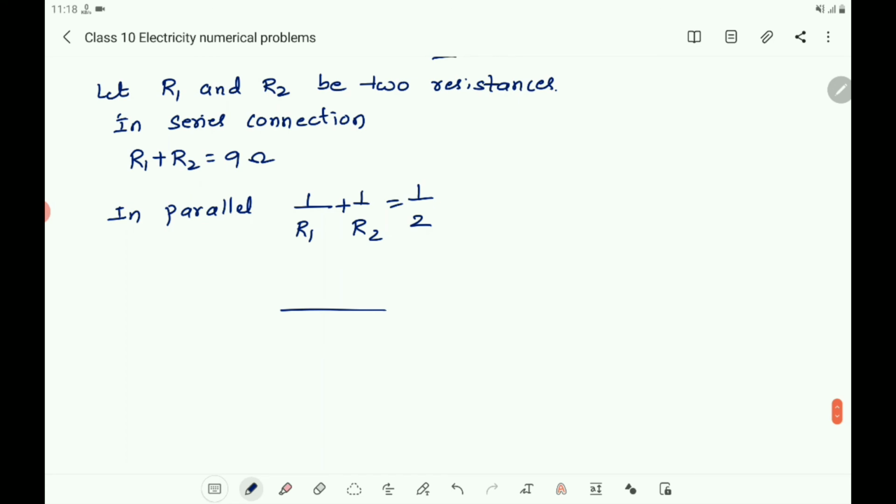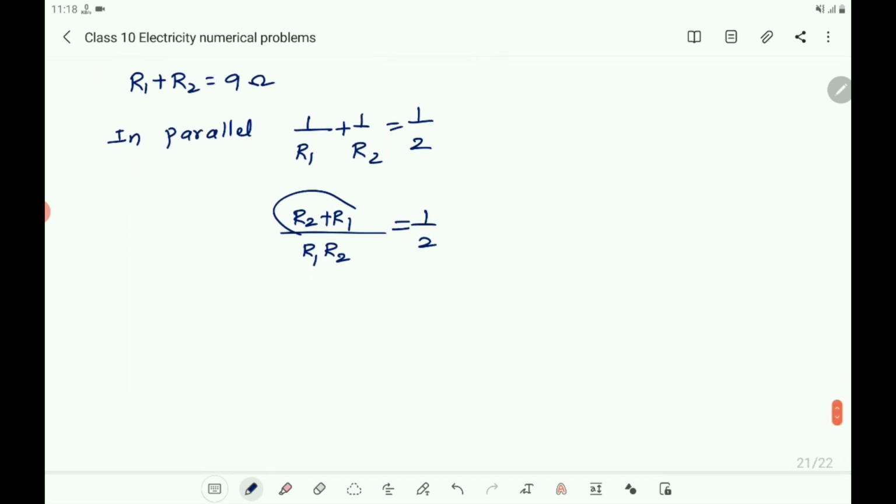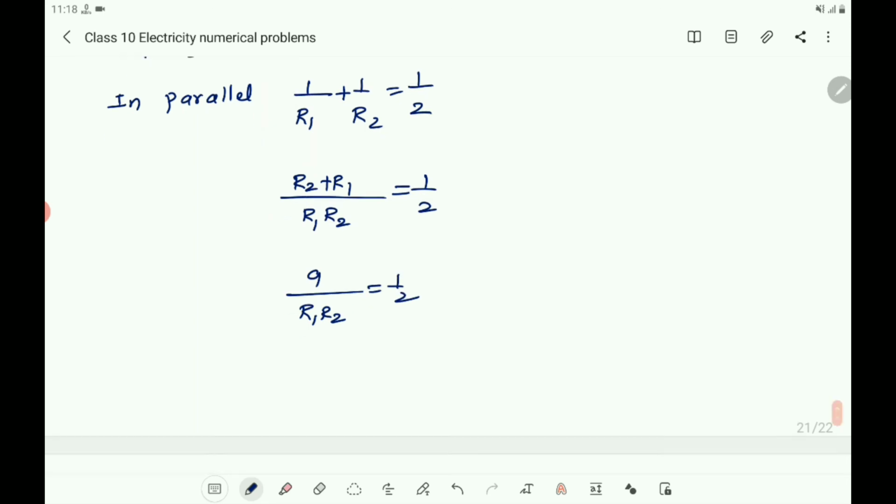If you take the LCM, it becomes R1 and R2, and the numerator becomes R2 plus R1 equals 1 by 2. Then R2 plus R1, you know it already, that is 9 by R1 into R2 equals 1 by 2.